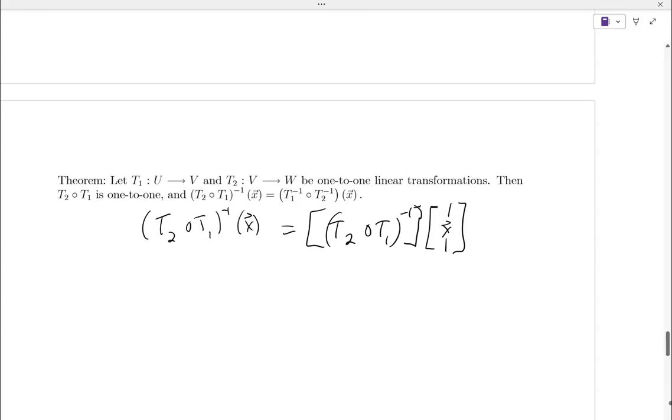We can realize it as matrix multiplication. We agree with that? And then again, I'm abusing the notation. I really should be writing coordinates here, but I'm going to do it this way anyway, because I'm not going to spend a lot of time on it. We just said that the matrix for the inverse is the inverse of the matrix for the transformation, right? I can move the inverse in and out.